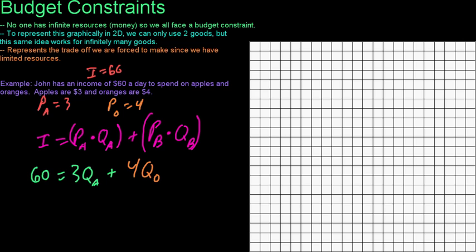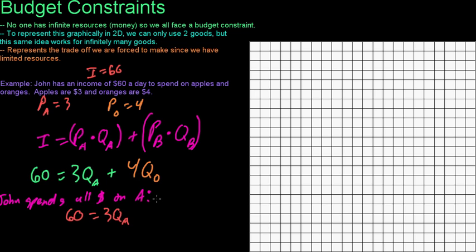So let's go find out then. The way that I like to graph budget constraints is I just like to find the two intercepts. Let's say John spends all his money on apples, on A. Then $60 is equal to 3 times the amount of apples he can buy, because he's not going to buy any oranges.